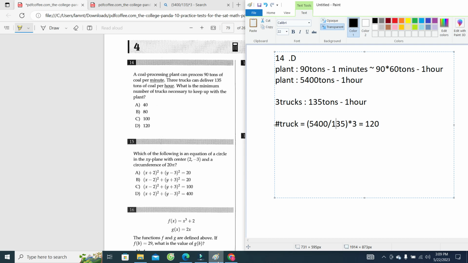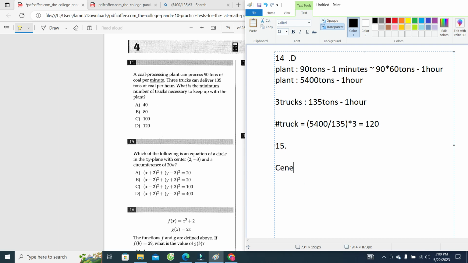Okay, let's do number 15. So number 15, we know the equation for a circle. We know that the center is (2, -3).